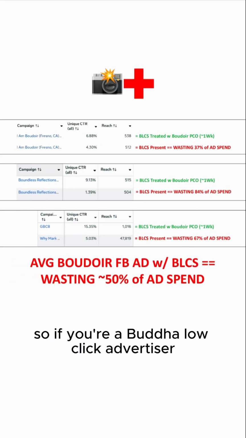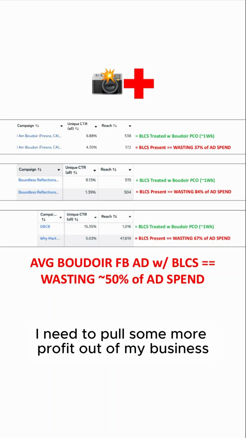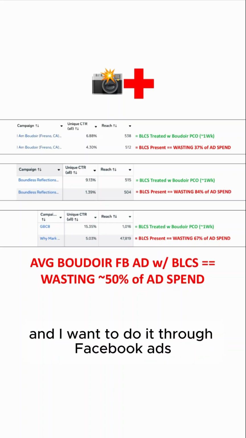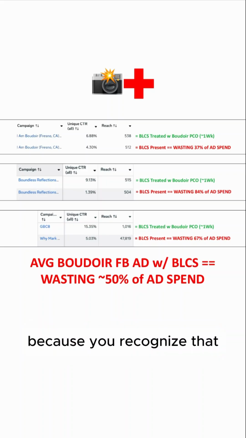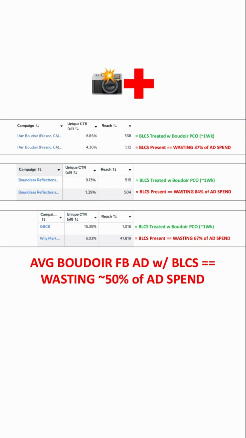So if you're a Boudoir Low Click advertiser and you've got BLCS and you've decided, hey, now's the time, I need to pull some more profit out of my business and I want to do it through Facebook ads, because you recognize that the Boudoir market's getting more and more saturated every day.